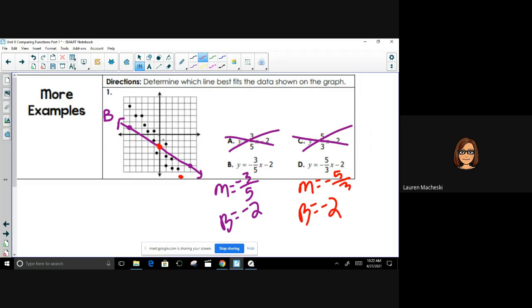And then up 5, 1, 2, 3, 4, 5, left 1, 2, 3. So that is option D. Which one of those lines has your scatter plot points closer to it? D. So that is the better line of fit.